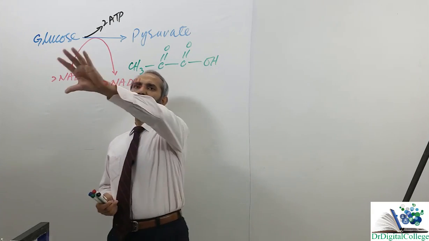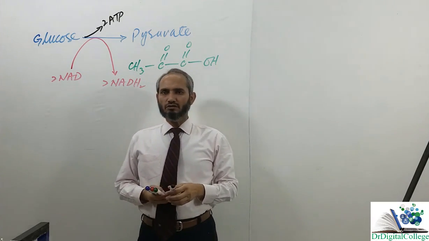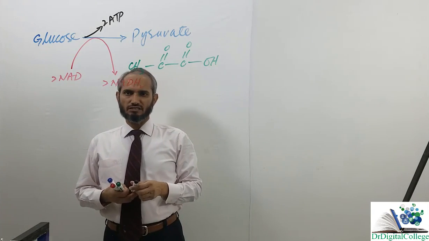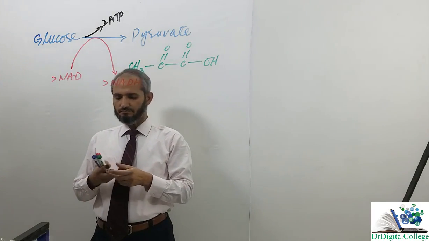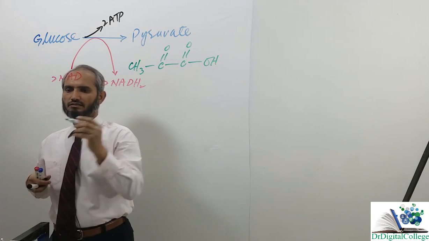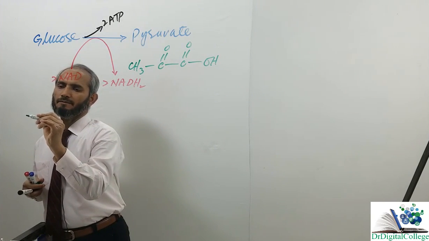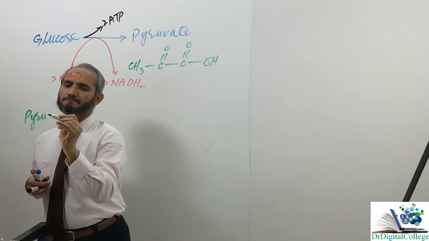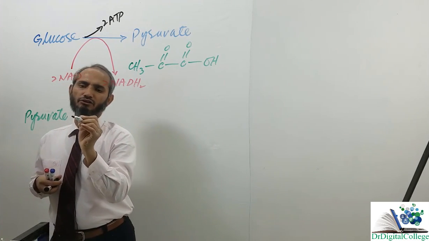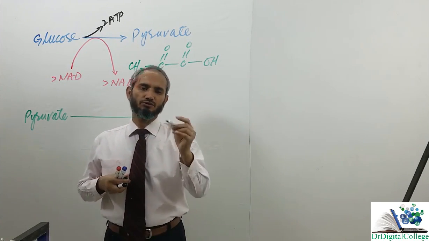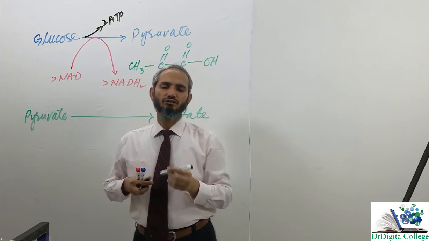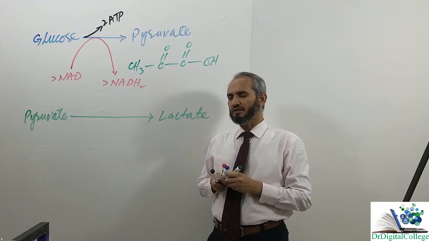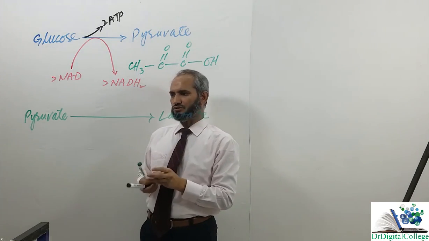Now, to continue this process, actually we convert pyruvic acid into lactic acid. It is like this, that pyruvate is converted into lactate or lactic acid. Now, look at its structure.